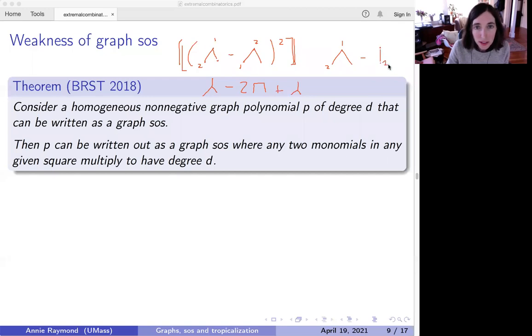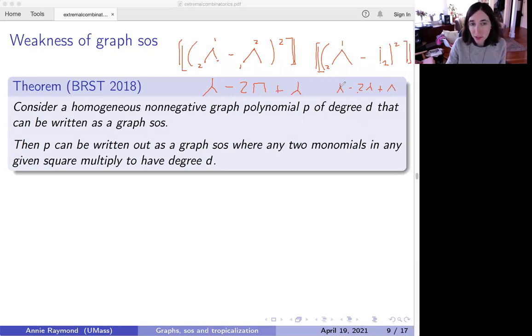Whereas if I had, say, this, this would not work. So if I squared this and symmetrized it, I would get a 3 star again, minus actually the cross product is a 3 star as well, and then plus a path of length 2.